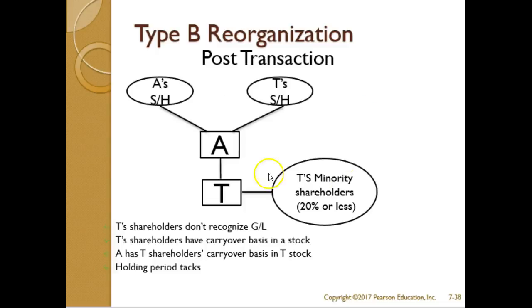Post-transaction, T's minority shareholders are less than 20%, and A has existing shareholders, and T's existing shareholders have stock in A. T shareholders don't recognize gain or loss. They have carryover basis in the stock in A, and then A has T shareholders' carryover basis in T stock, and holding period tracks.